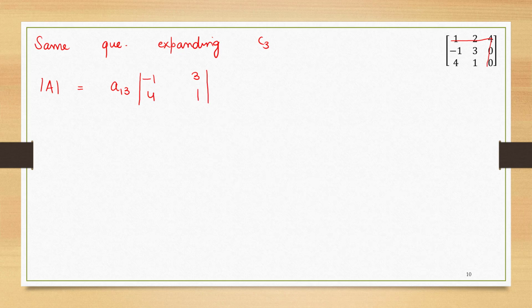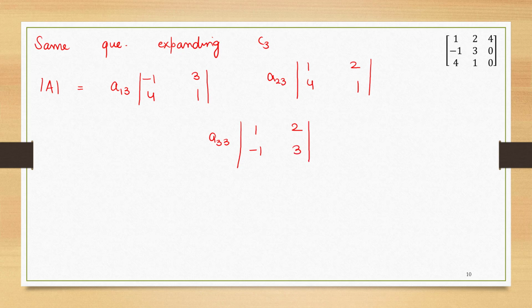Then A23, second row, third column, so leaving these, we get 1, 2, 4, 1. Then A33, so leaving third row, third column, we get 1, 2, minus 1, 3.